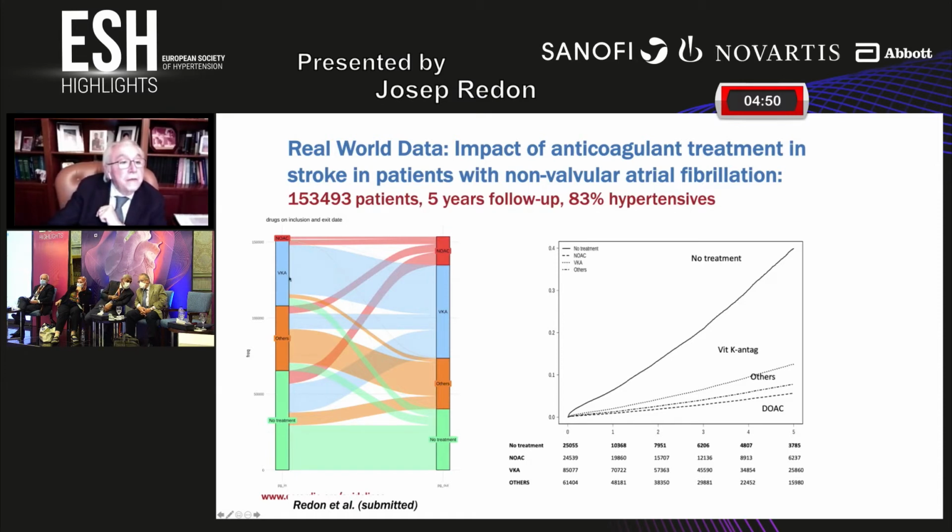In those treated with vitamin K antagonists, the DOACs, or a mixed group using heparins and so on, you see here the risk for stroke. The risk for stroke is huge. The vitamin K antagonists, and even more the DOACs, reduce the risk at least 3-4 times in these patients who, as I told you before, are 83% hypertensive.